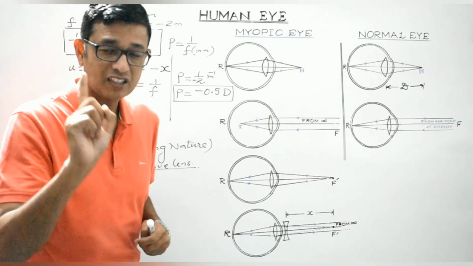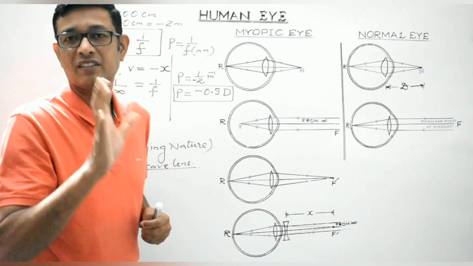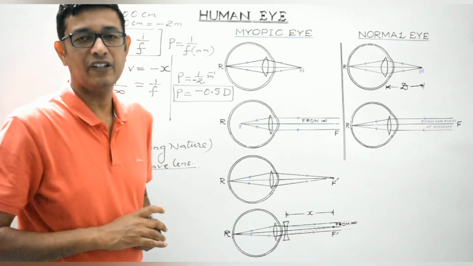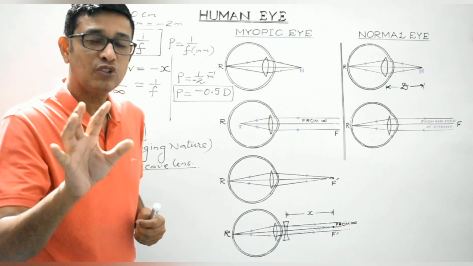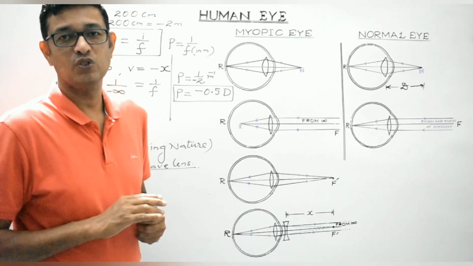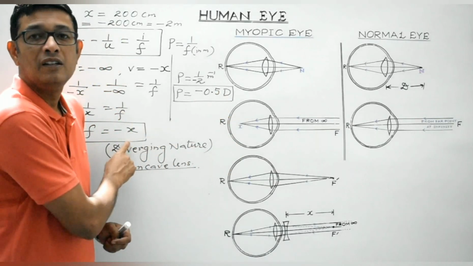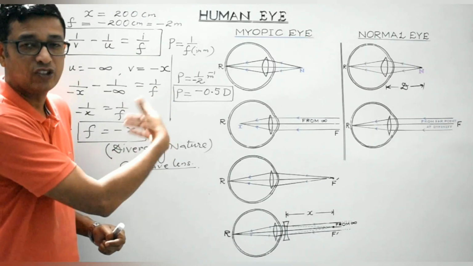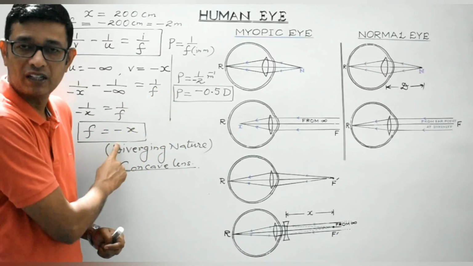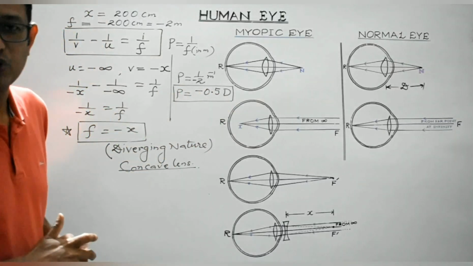And last but not the least, in order to cure this myopic eye defect, a diverging lens or concave lens of suitable focal length is to be used. And what is that suitable focal length? It should be equal to the far point of the myopic eye. And concave lens, diverging lens, so obviously its focal length or its power would be negative. Clear, students?